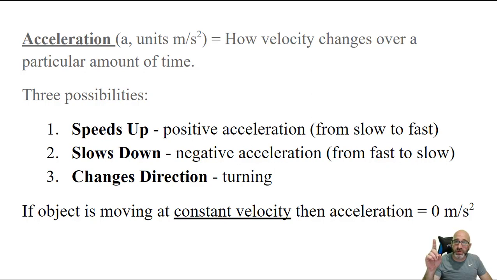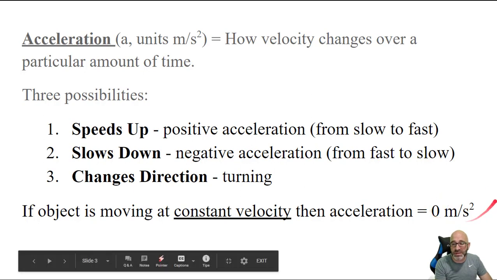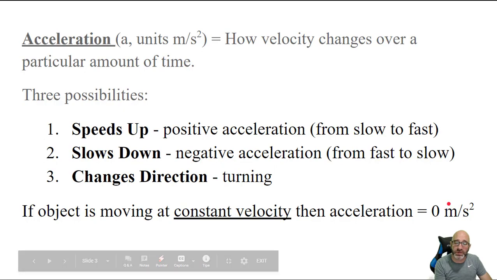If it's 1 meter per second, 1 meter per second, 1 meter per second, it is not speeding up, it is not slowing down, and it has 0 meters per second squared for the acceleration.